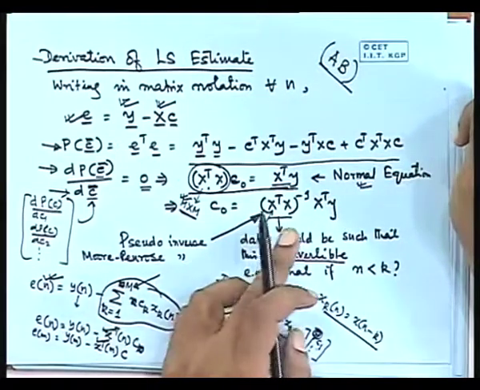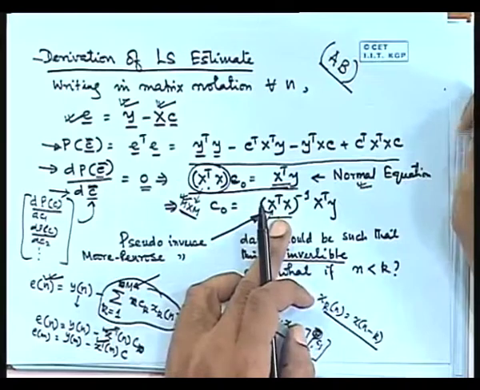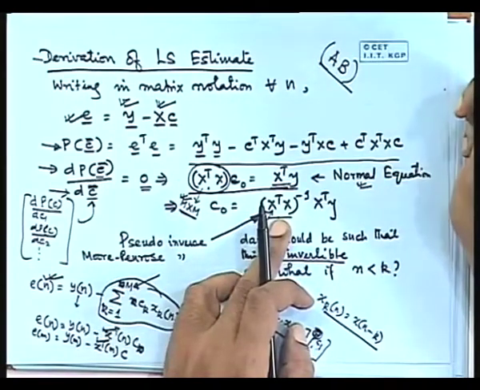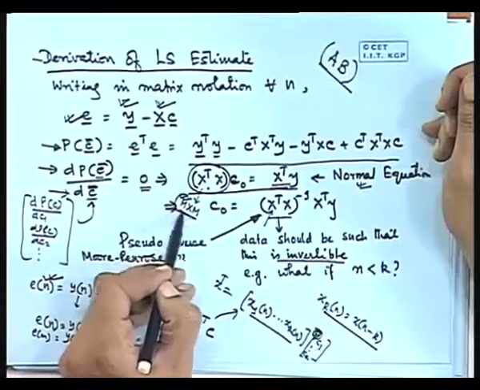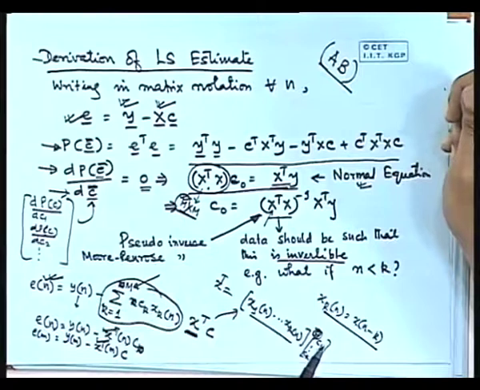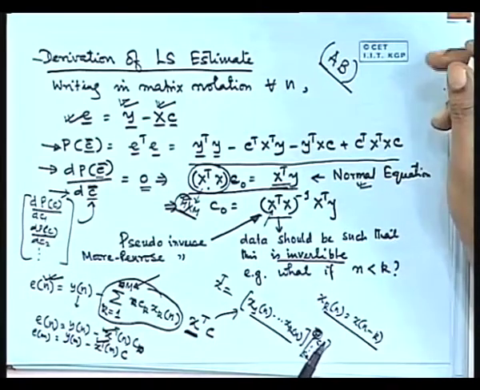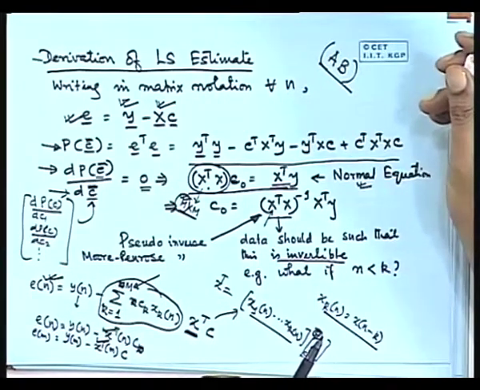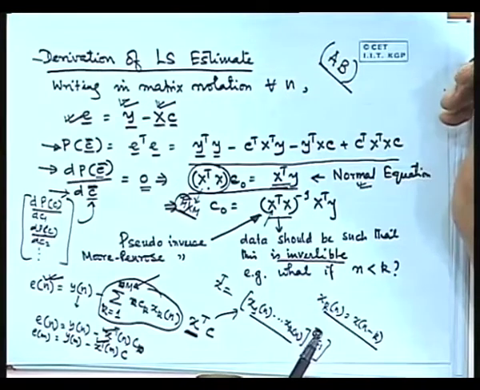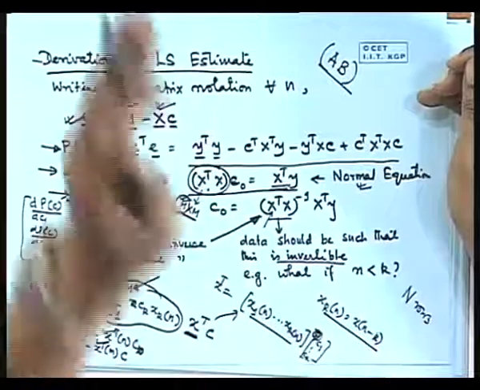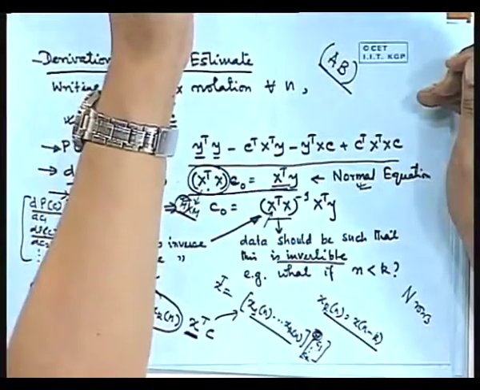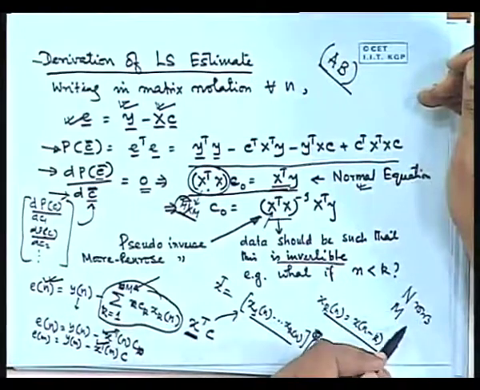Otherwise, this M into M matrix will be singular, and you cannot solve this problem like this. So when will the matrix X have a rank M? Matrix X has how many columns, how many rows? Matrix X has capital N rows, because we are stacking it in terms of data, and it has capital M columns.